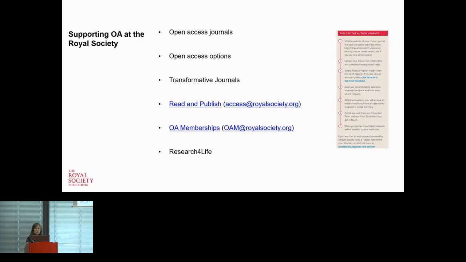And we also support researchers who may be at institutions that do not have the resources to pay for open access. So, for example, we support the Research for Life initiative, and this grants institutions and individuals in developing countries free open access publishing. And for our transformative journals, free access to paywalled content.